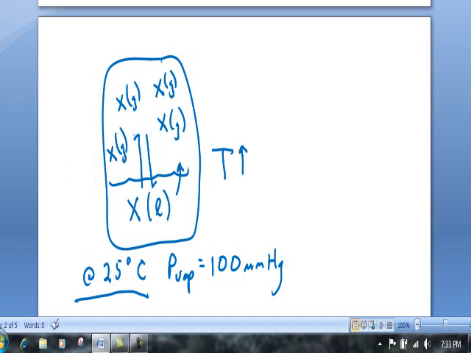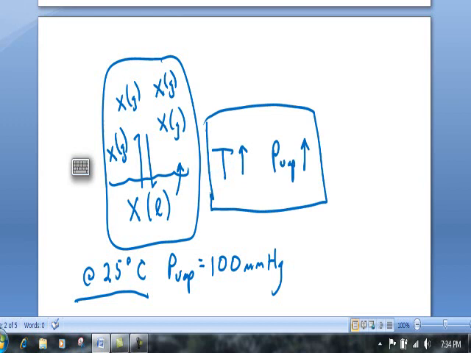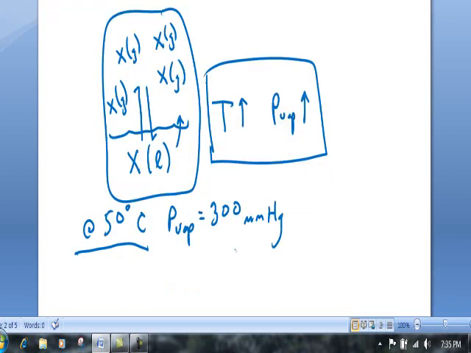If more particles become gaseous, then as temperature goes up, the vapor pressure of a liquid also increases, because we can now have a greater number of particles present in the gaseous space when it reaches its saturation point. So in this case, let's say we increased it from 25 degrees to 50 degrees Celsius. The vapor pressure might have now gone up from 100 to 300 millimeters mercury because there are now more particles in the gas phase at the higher temperature.